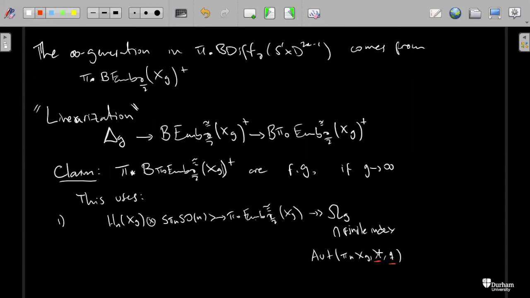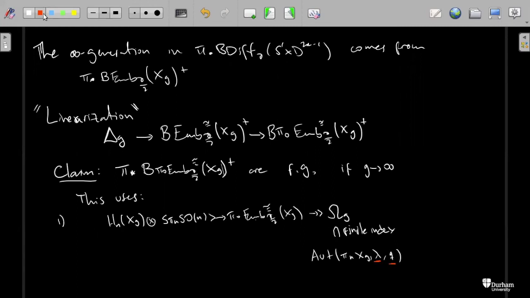This lambda refers to a bilinear form you can put on this. If you represent elements by immersed n-spheres in XG, then lambda is the intersection product between these n-spheres, and q counts self-intersections of those immersed n-spheres. So roughly that's the structure you preserve.